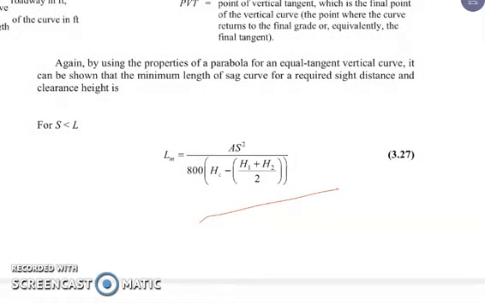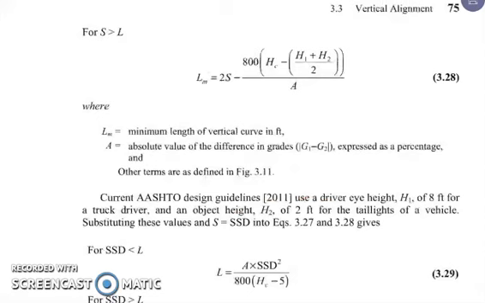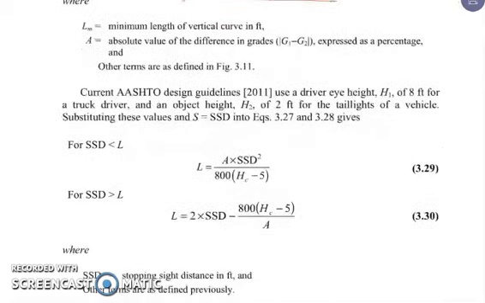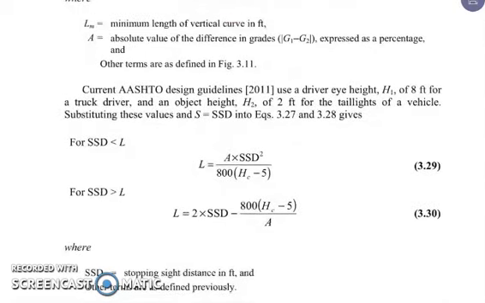And of course, when the sight distance is greater than L, we can have the minimum length of the curve in this equation. Of course, L_M is the minimum length of the curve, and A is the absolute value of the difference in grades. According to AASHTO, based on their design guidelines, we use the driver's eye height H1 to be 8 feet for a truck driver, and the object height H2 is 2 feet for the tail lights.